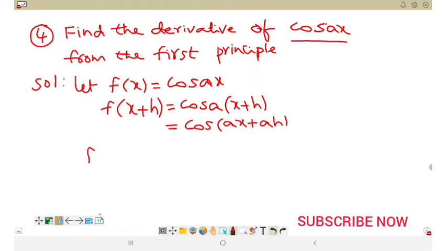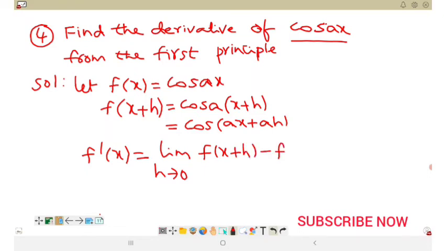So first principle is f dash of x equals limit h tends to 0, f of x plus h minus f of x by h.